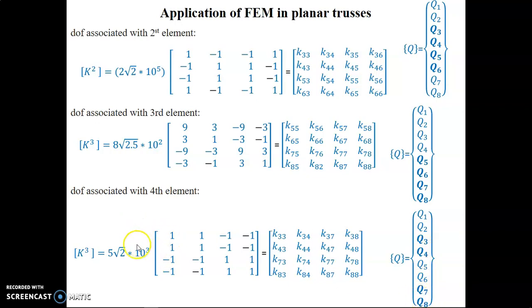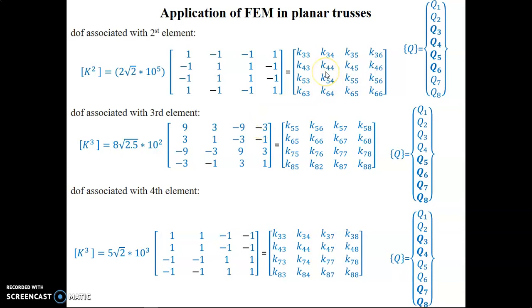Based on the area of cross section and the length of this element, we will be getting these values, and these values will be obtained by using the direction cosines for the fourth element, and we will fill this as per the degrees of freedom. So I will be varying as 3, 4, 7, 8, and J will also be varying as 3, 4, 7, 8. So for all four elements we have established the stiffness matrix.